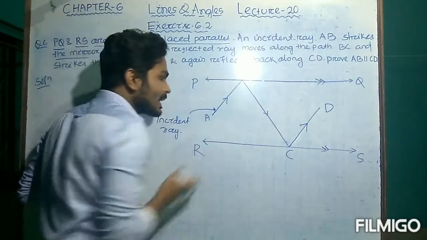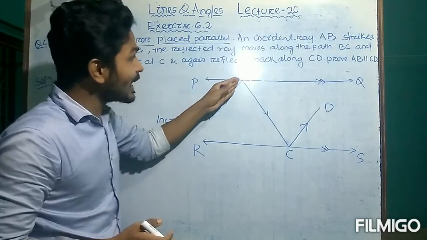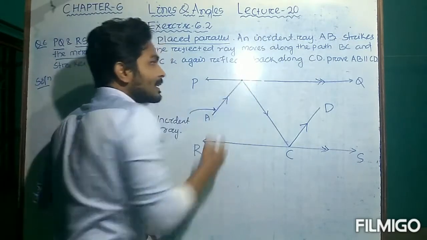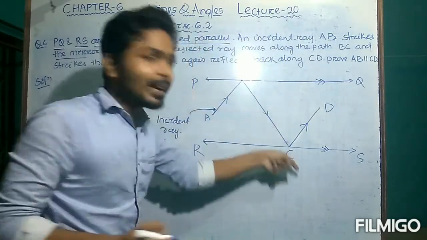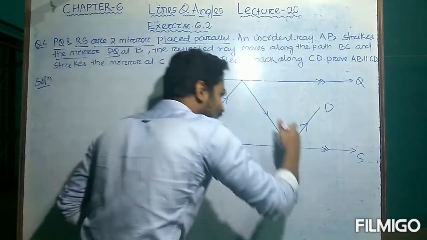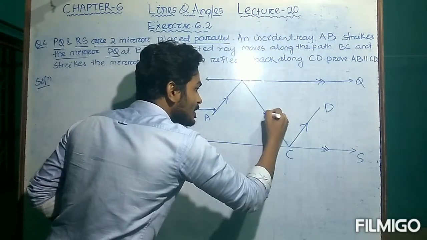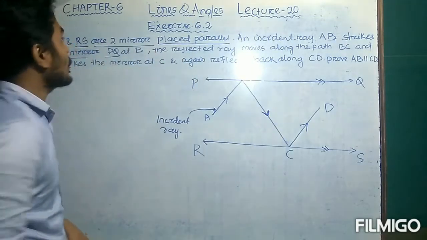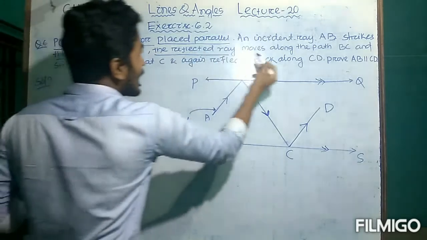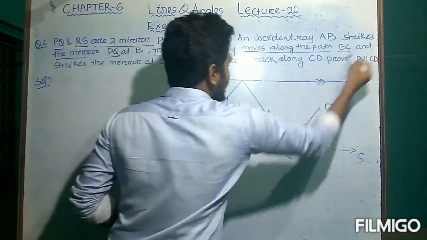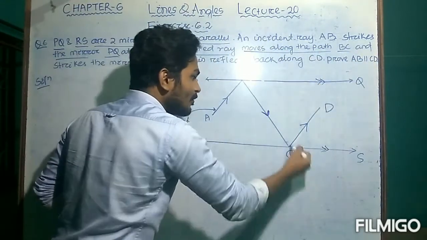So this ray is the incident ray. Now whenever this ray strikes at B, from that point it will be reflected back. It is reflected back in this direction BC, which is shown by an arrow mark. The reflected ray moves along the path BC.